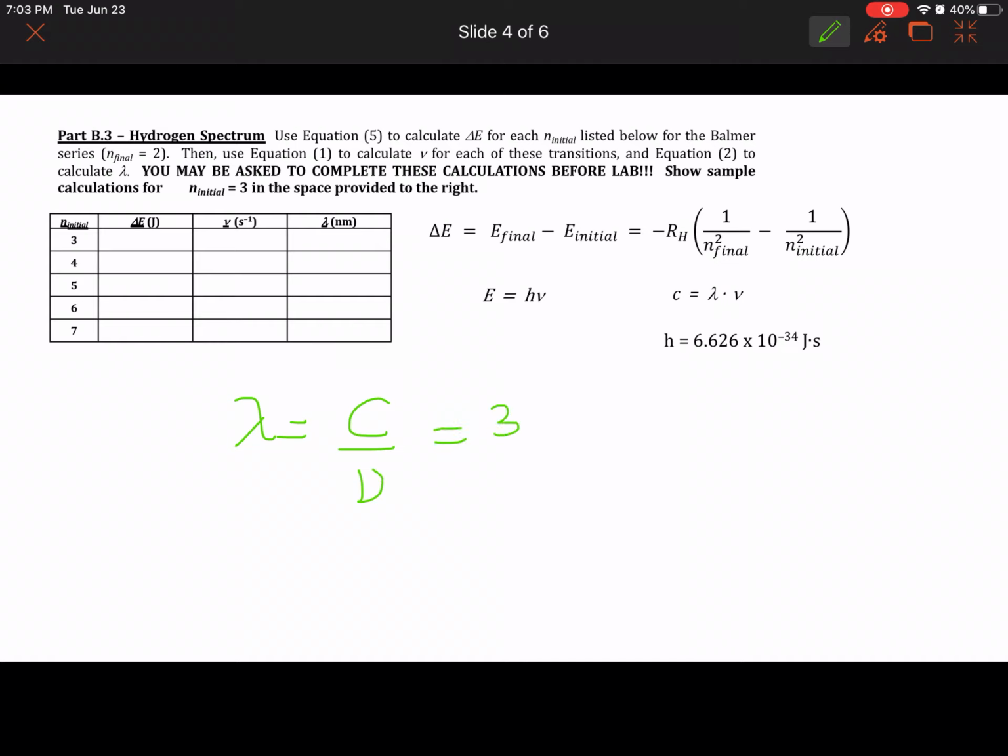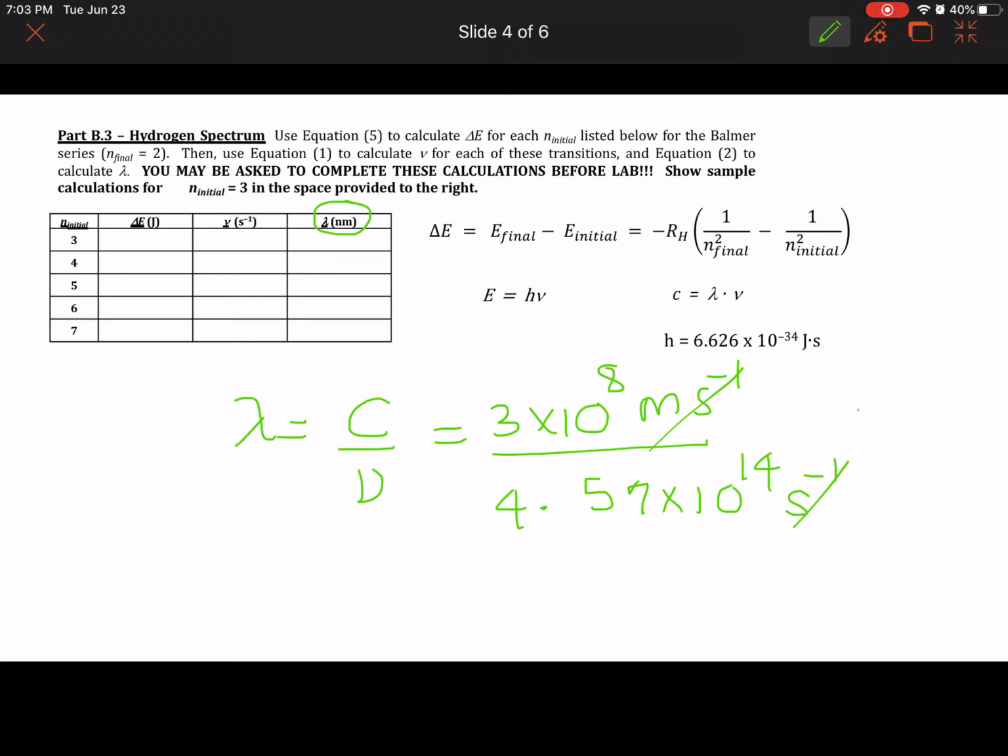C is 3 into 10 to the power 8 meters per second, and the frequency is 4.57 into 10 to the 14 per second. So per second will cancel. So that's the wavelength. But what we want is the wavelength in nanometers.